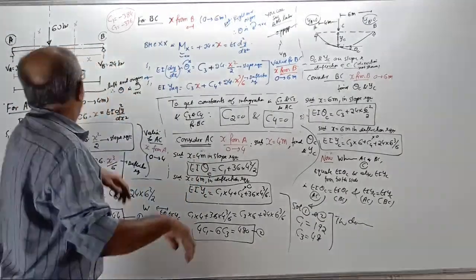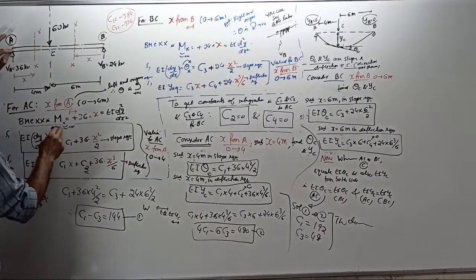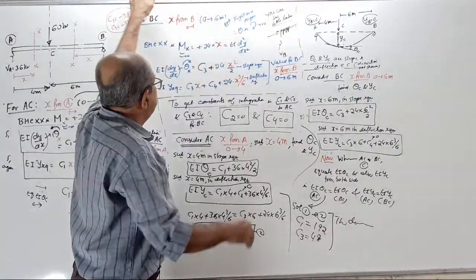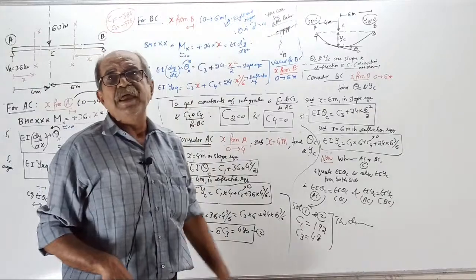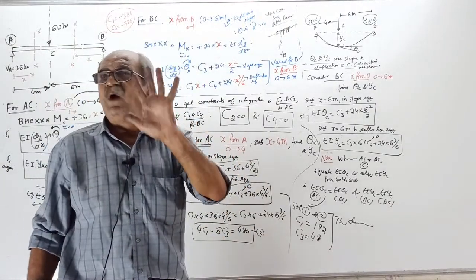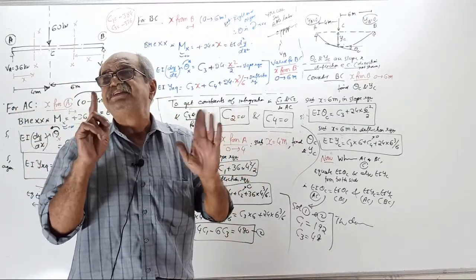But when you take left origin, your theta is anti-clockwise positive. When you take right origin, your theta is clockwise positive. I told you, so make a note. When the origin is changed, the deflection y sign will remain the same, but the theta sign will change.